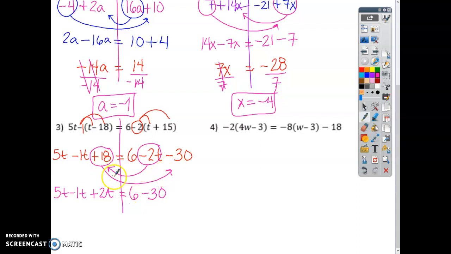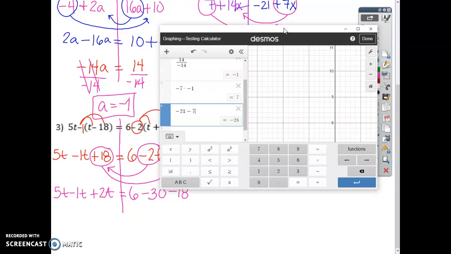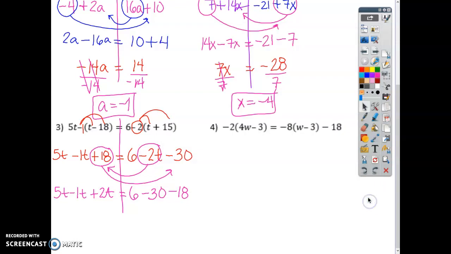Bring this one over, it's a minus 18. You can put this in decimals all together, the left side and the right side. So my left side, I have 5 minus 1 plus 2. Enter. So 6t on the left side.